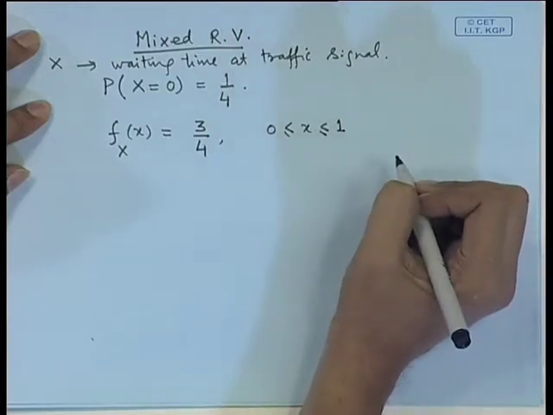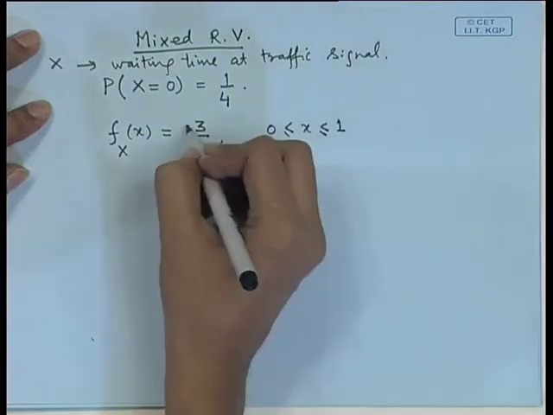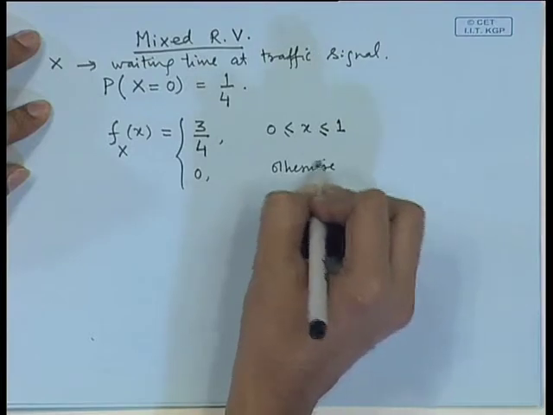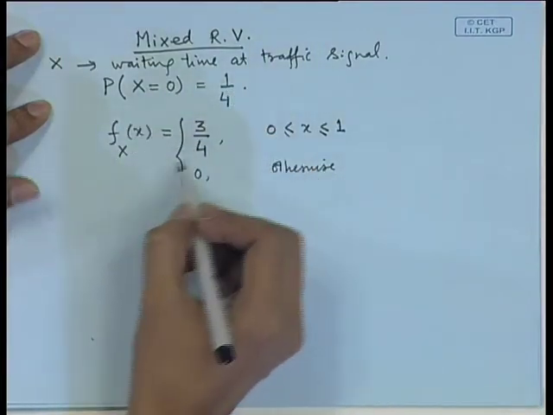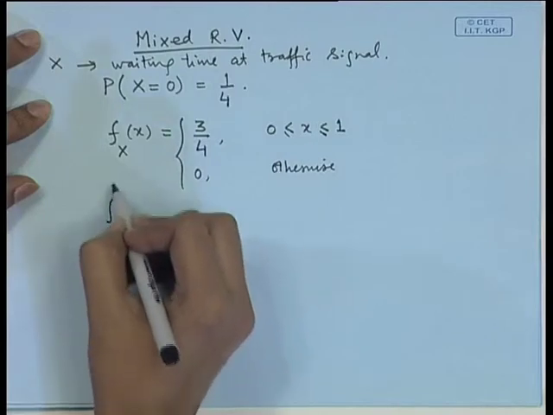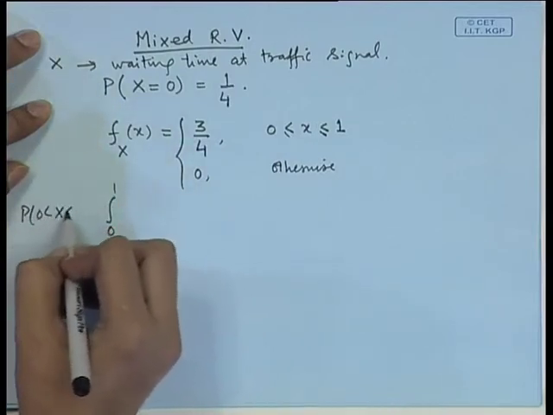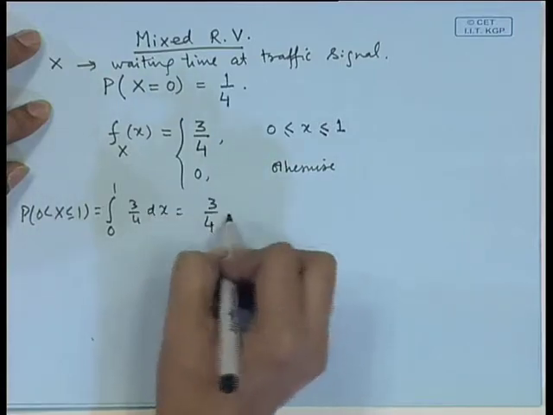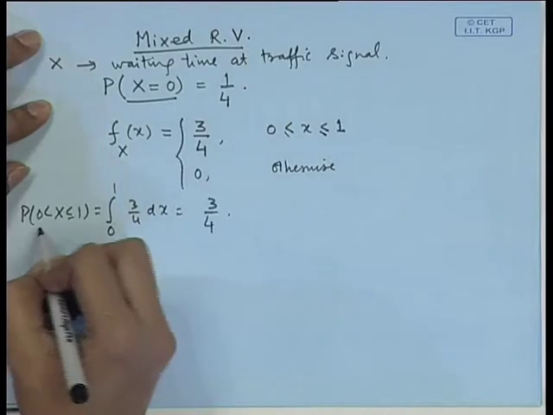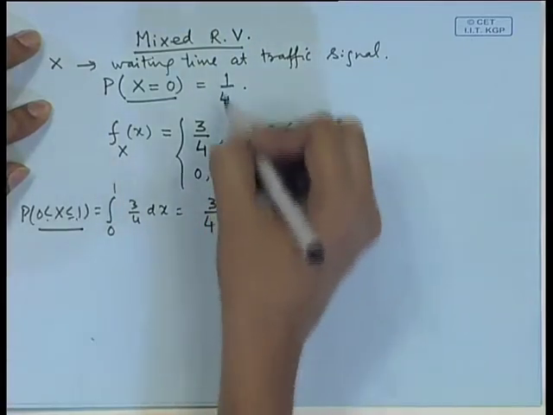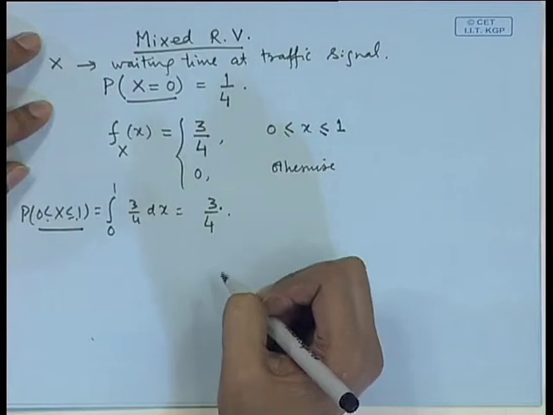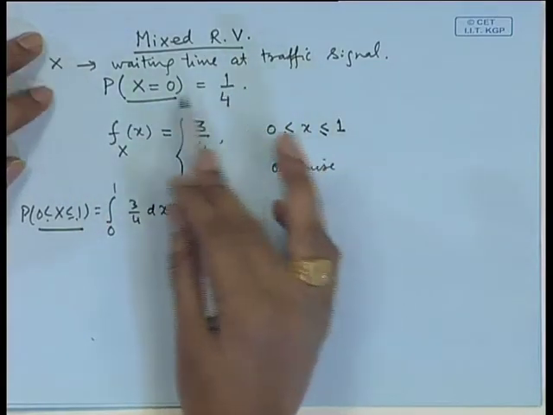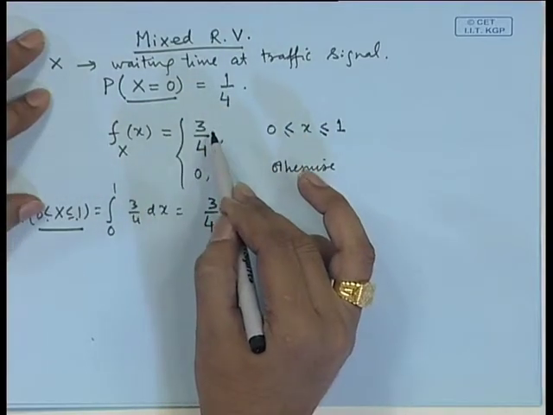He may have to wait for 0 to 1 minute. The probability of 0 less than x less than or equal to 1 is actually equal to 3 by 4. So, if you add up these two, it is becoming equal to 1, but here the distribution is not for a totally discrete or totally continuous random variable.